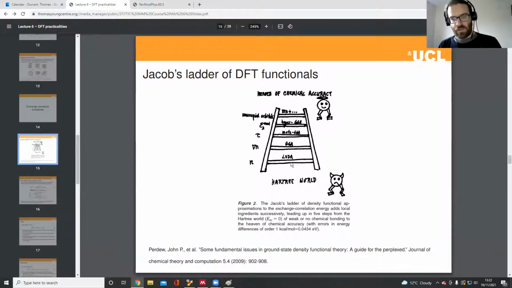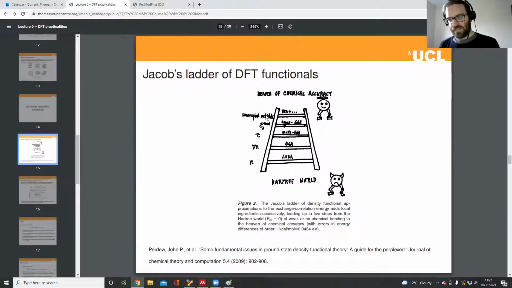There's always a bit of extra maths involved in including electron spin in DFT. In most of the results here, I'm just discussing spin unpolarized DFT, but all of these functionals have well known generalizations to spin, which just make the maths more complicated. The idea is that as we climb this ladder, we involve more ingredients in our exchange correlation functional, which makes it computationally more expensive to run the calculation.